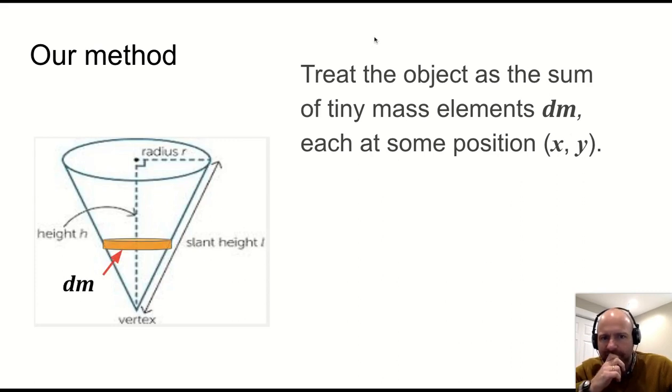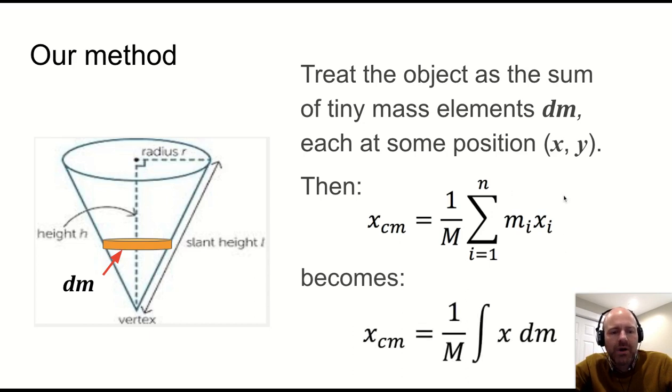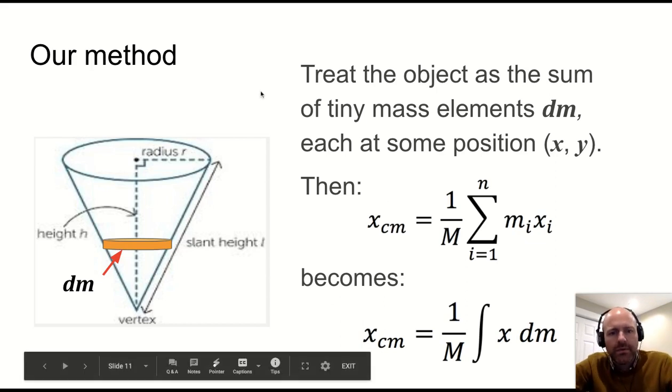So we take little slices and say there's a little bit of mass there, and each dm has a position along the y-axis, and it's all the same on the x-axis in this case. So the x center of mass is 1 over the total mass times the sum of all these little pieces. But if those pieces become arbitrarily small, dm's instead of discrete masses at individual positions, they're x dm, and the 1 over mass is still there.